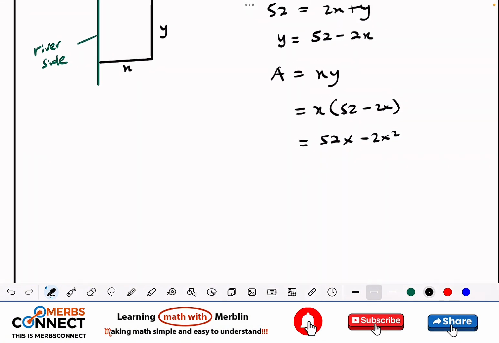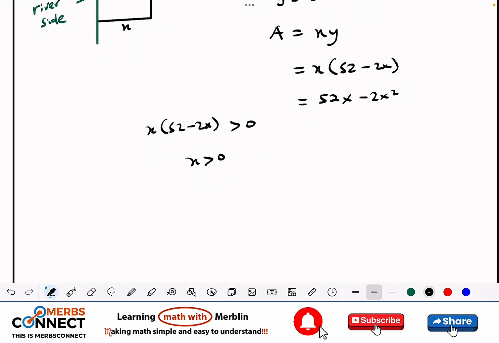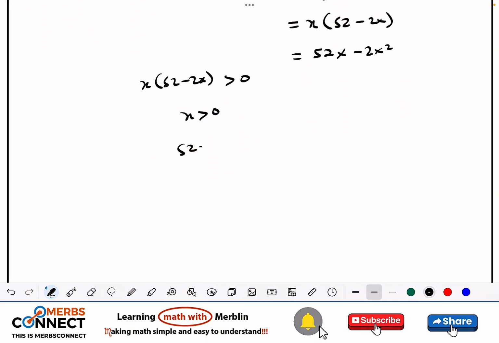Now we can even find a domain here. Now domain is like picking this guy here and saying that it is greater than 0. So like x times 52 minus 2x is greater than 0. So x is greater than 0, and we can pick 52 minus 2x also greater than 0. This means that 52 is greater than 2x. Divide through by 2, and we are going to have x here.